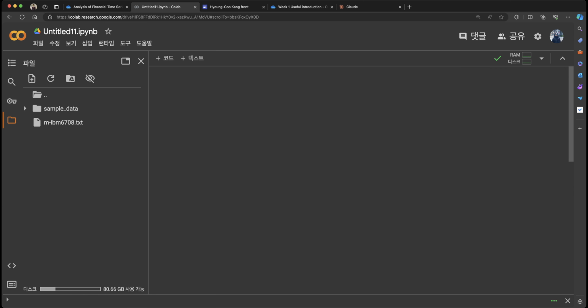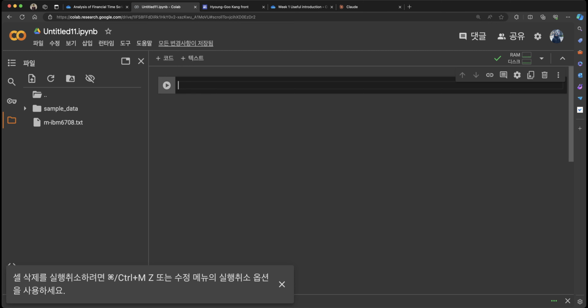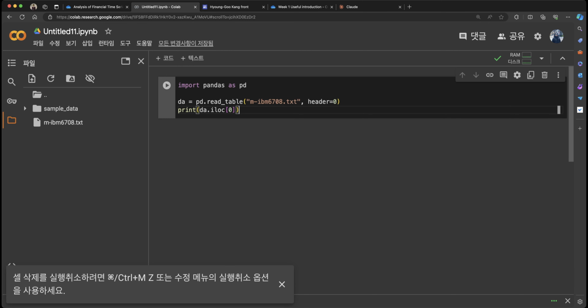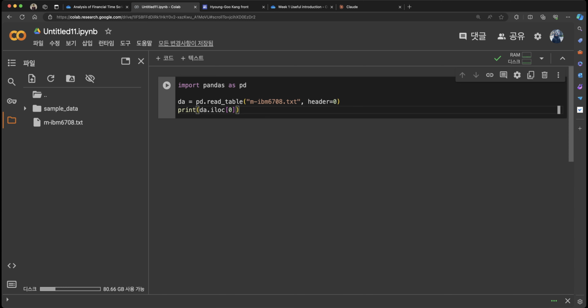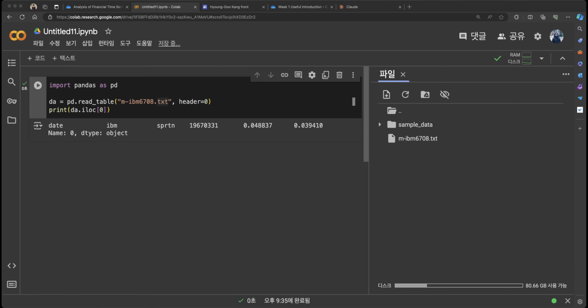Let me delete this one again. Then import pandas. It should be correct. Let's wait briefly. Now it works. Actually I don't need print over here.